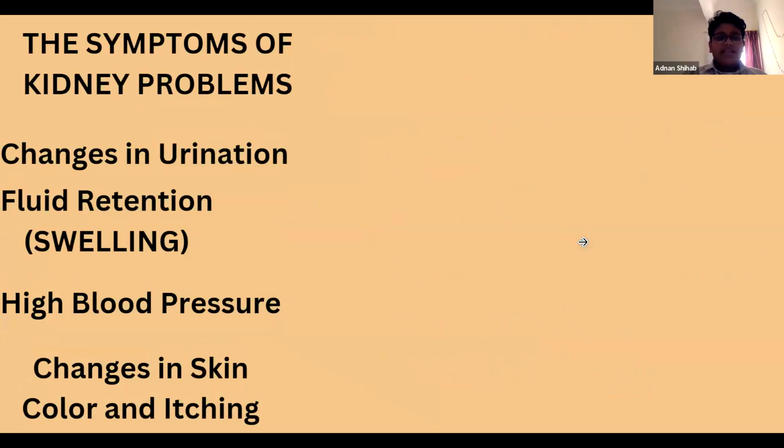Okay. So next is the symptoms of kidney problems. So it changes in urination. Maybe you will feel too much pain, or maybe the color will change. Then fluid retention, which is like swelling. Another way to check is that some swellings may not have water in them, but some types do.